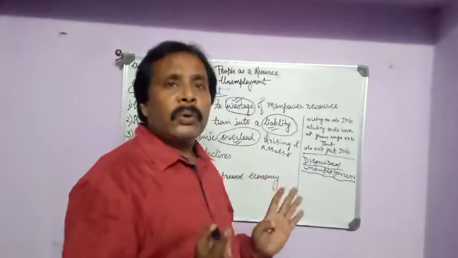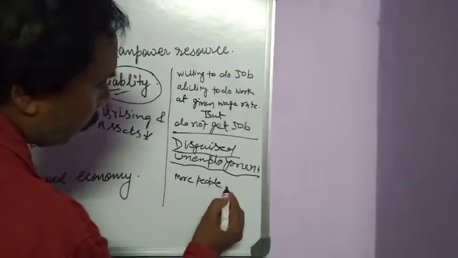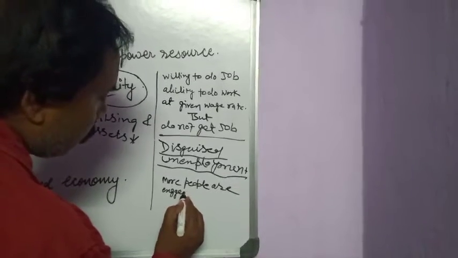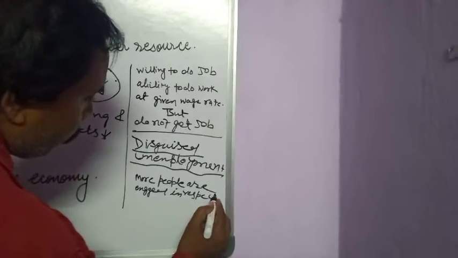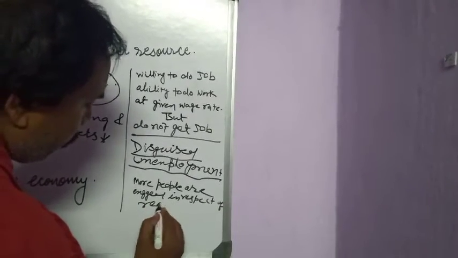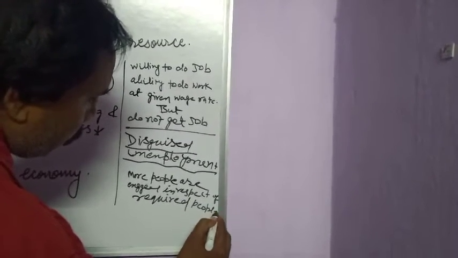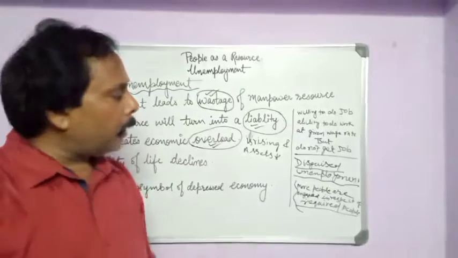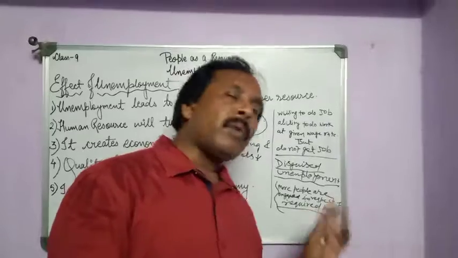In a simple way, you can say more people are engaged in respect of required people. Here we find a simple definition: more people are engaged in respect of required people.